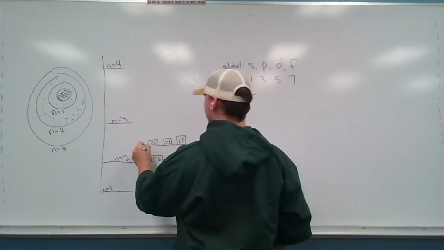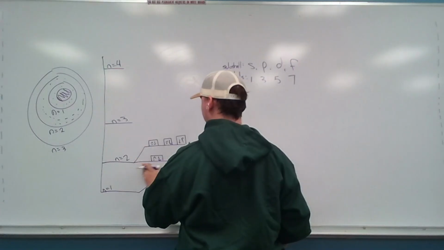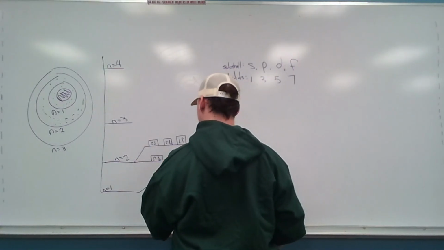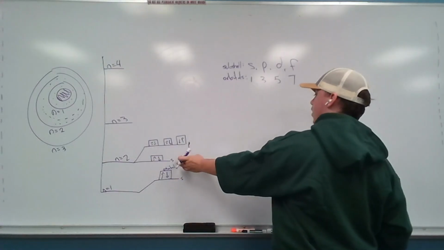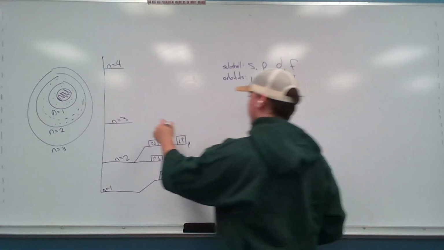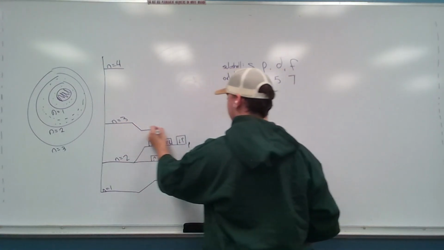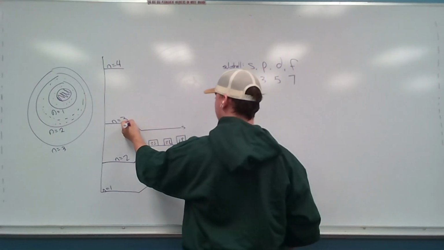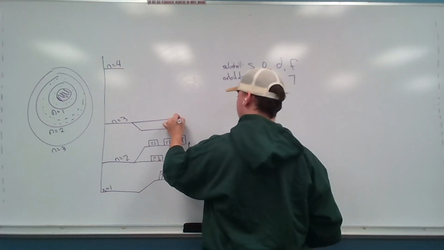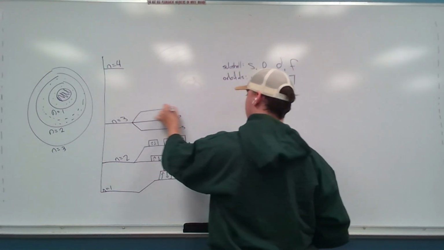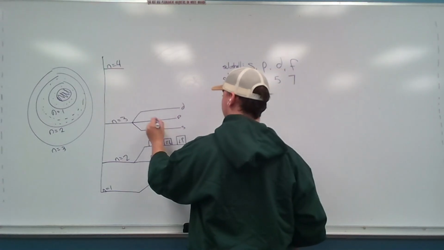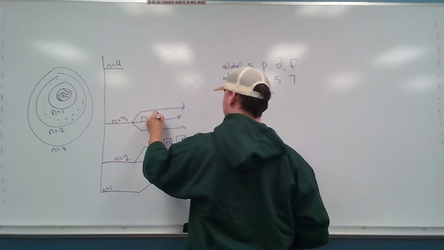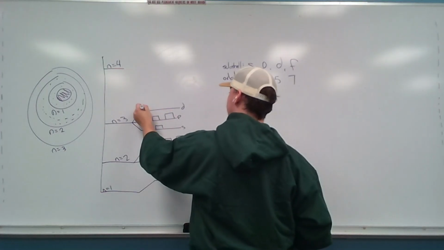So this is going to be, actually I'll write it over here, S, P. So that's our S orbital, then P orbital, and then for shell 3, it's going to be similar: S, P, and then D. How many does S have? 1, P, 3, D is 5.